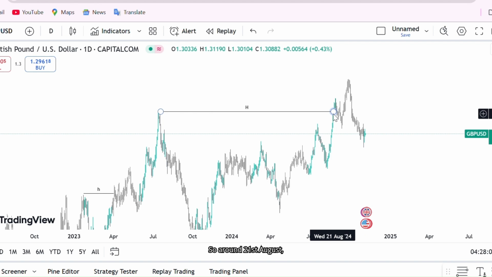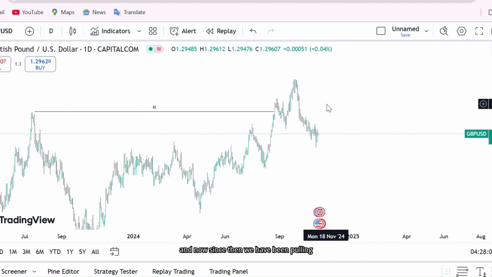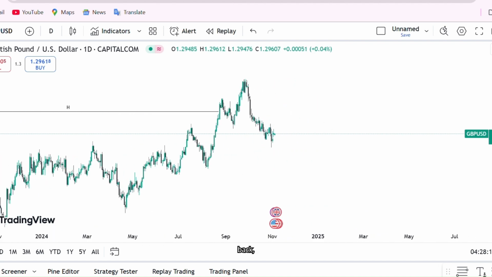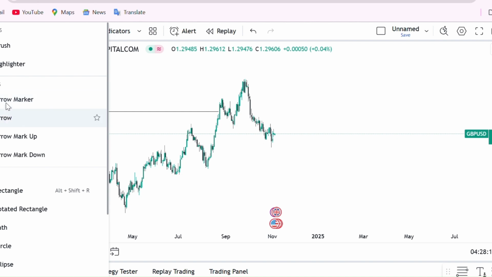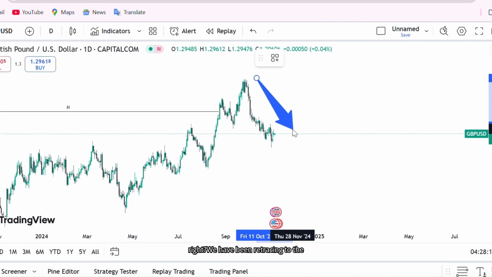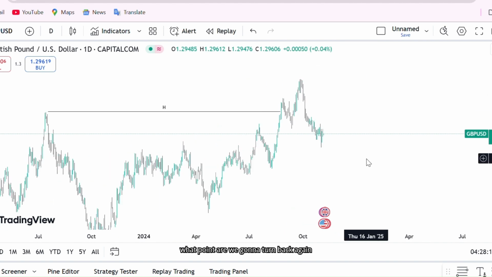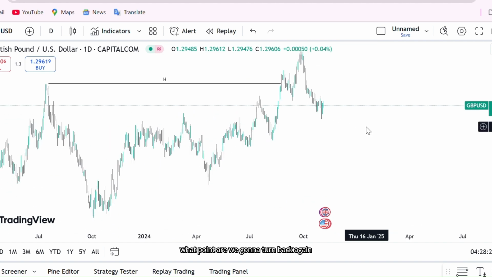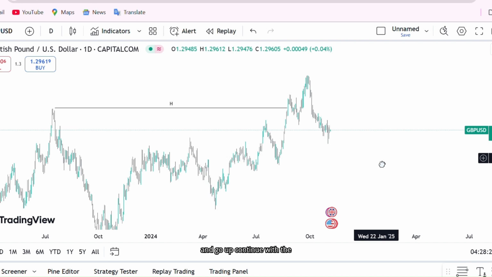So around 21st August, we've taken this ultimate high, and now since then we have been pulling back, right? We have been retracing to the downside. So now at what point are we gonna turn back again and go up, continue with the trend, right?